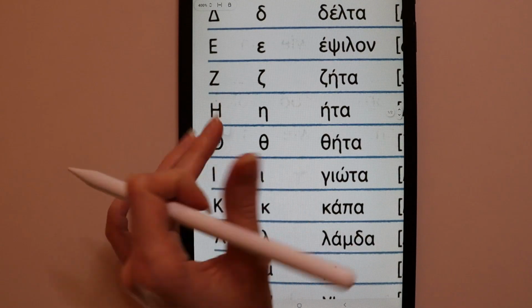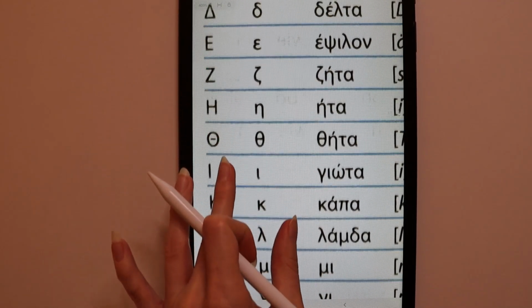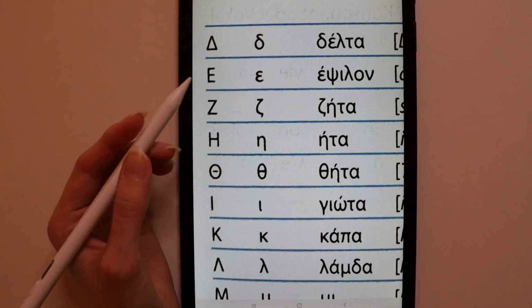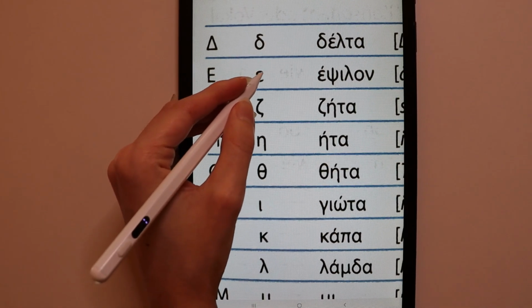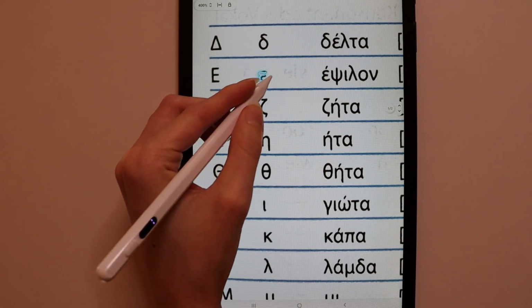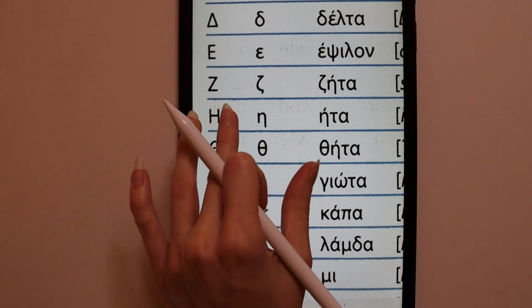And the uppercase letter looks like an E in the Latin alphabet. And the lowercase one also, kind of, or it looks like the number 3, but the other way around. So this is epsilon.